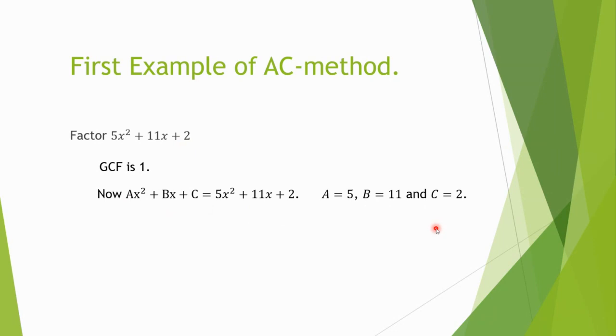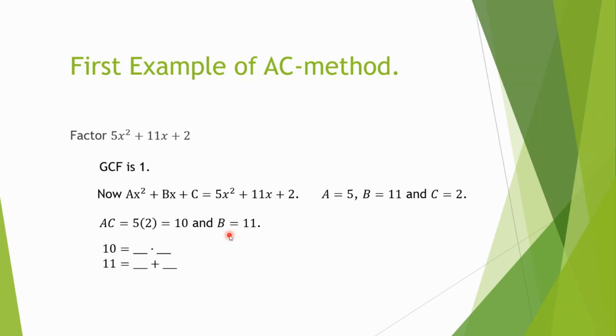We apply that procedure. We're going to multiply A times C, and we want two numbers whose product is A times C, and the sum is B. So in this case, 5 times 2 is 10. So we want two numbers whose product is 10, and the sum is 11.